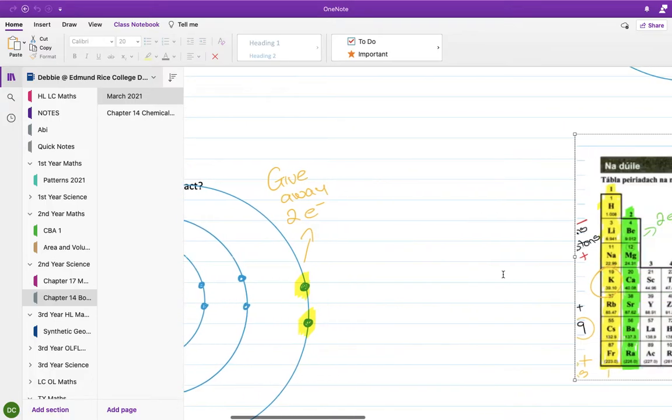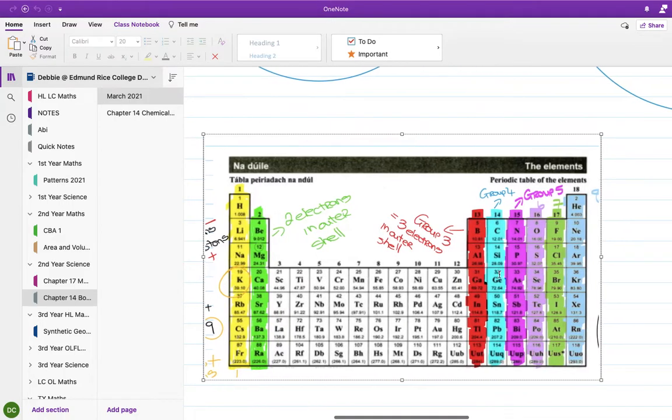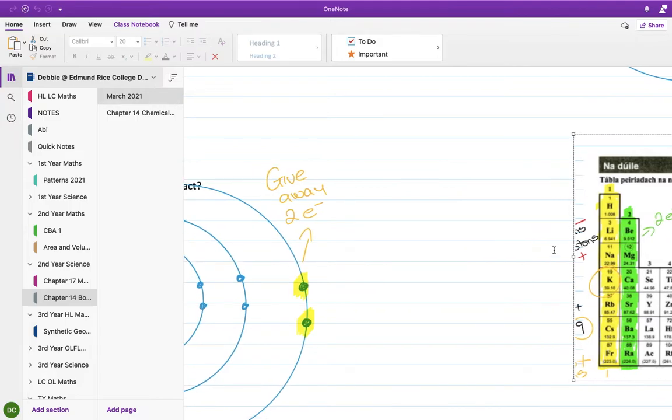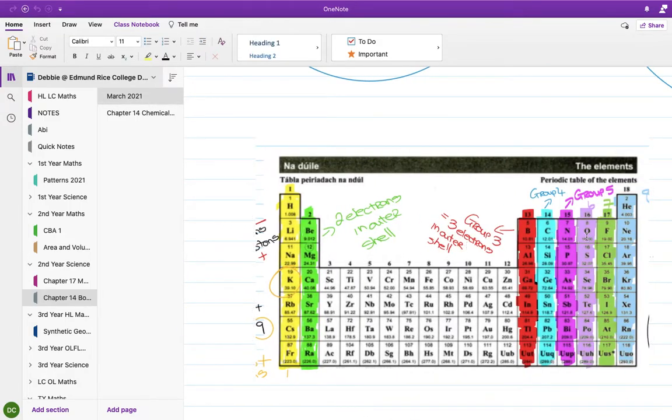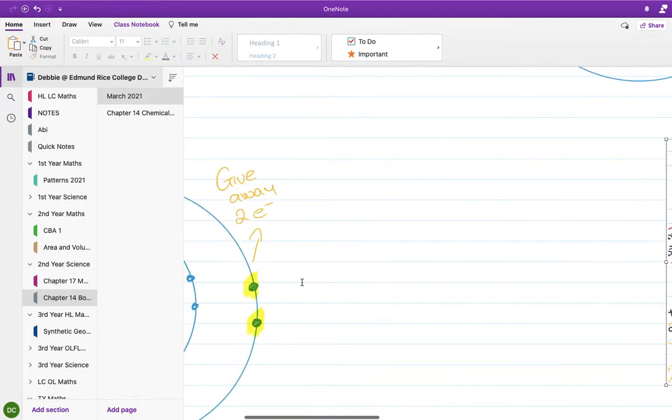So now let's have a look at oxygen. I think oxygen's a bit smaller, isn't it? Yeah, there it is there. So oxygen is 8 electrons. Move this over a little bit more. Okay, so oxygen has 8 electrons.